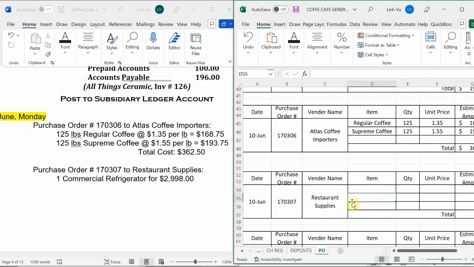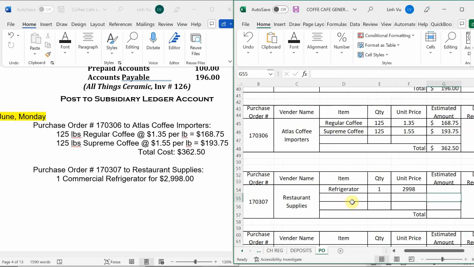For $2,998. So that's going to be my total, $2,998.